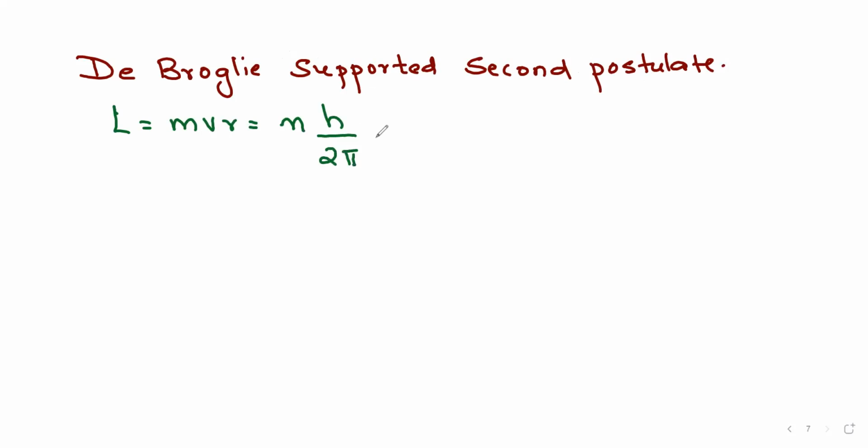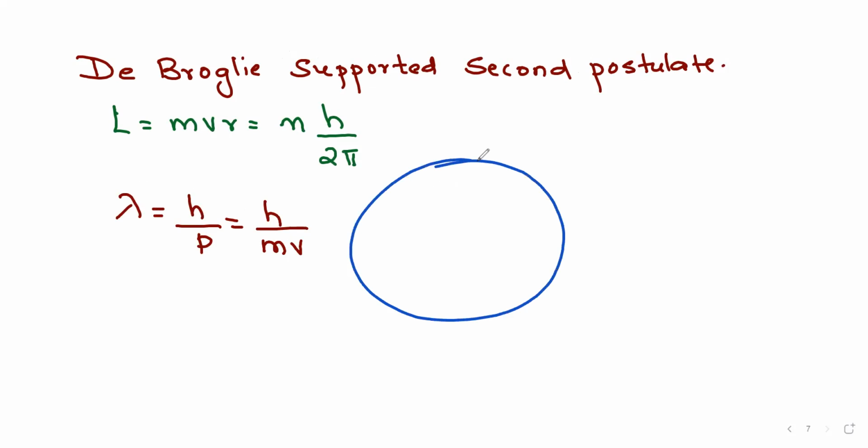What de Broglie's hypothesis says is that lambda is equal to h by p, which is equal to h by mv. So he said that in a circumference of 2 pi r, it can accommodate only n number of lambdas.